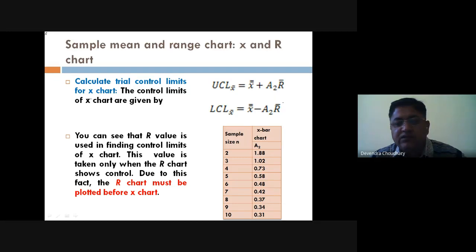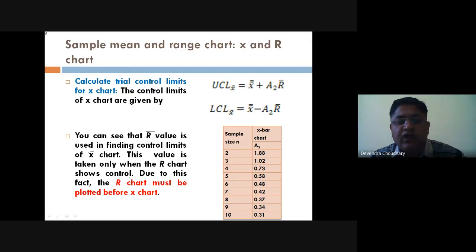R bar value is the value when R chart shows control. So here you can see that R bar value is used in finding control limits of X bar chart, and this value is taken only when R chart shows control.